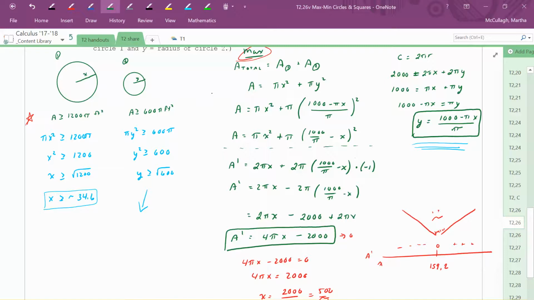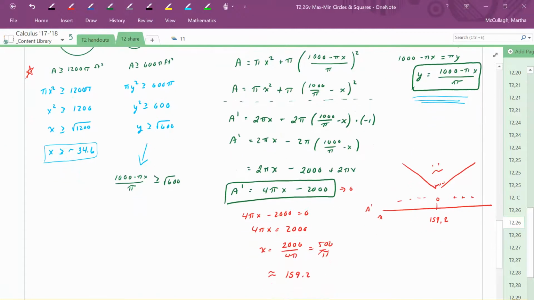So since y is (1,000 minus pi x) over pi, that's got to be greater than or equal to the square root of 600. Multiplying each side by pi, we have 1,000 minus pi x is greater than or equal to pi square root of 600.